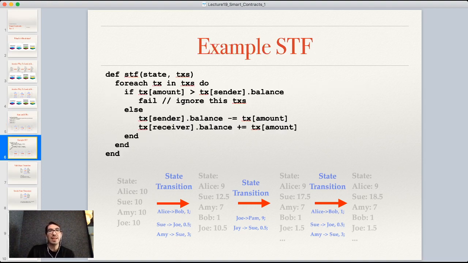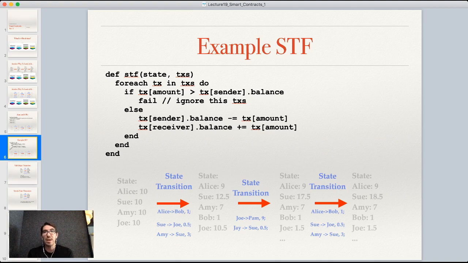Here is a really simple state transition function. Obviously, in any real blockchain it would be much more complicated than this. We get a group of transactions, and if the transaction amount, what you're sending, is greater than the transaction sender's balance, we just ignore these transactions. We just fail; this group of transactions is invalid.